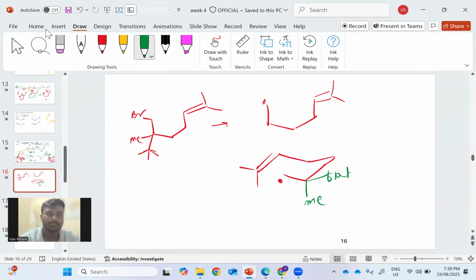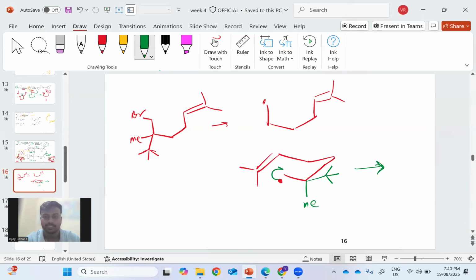In this case, you need to draw the tert-butyl at the equatorial position, not the methyl, because tert-butyl at the equatorial position is the stable one. Otherwise, if you draw it at the axial, there will be a lot of steric crowding because of 1,3-diaxial interaction and all. So that's not feasible.